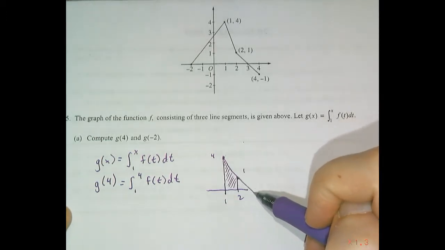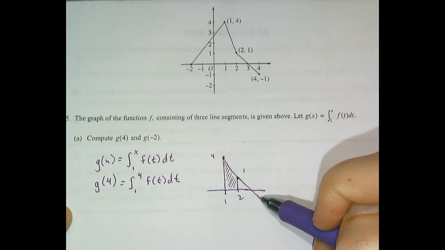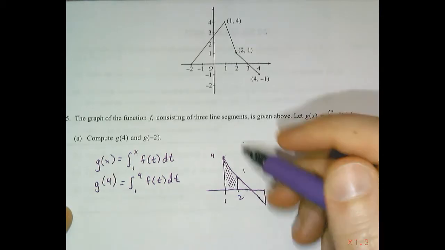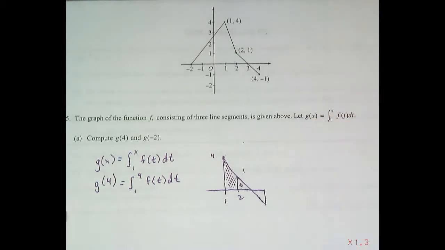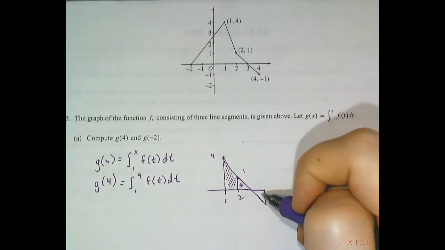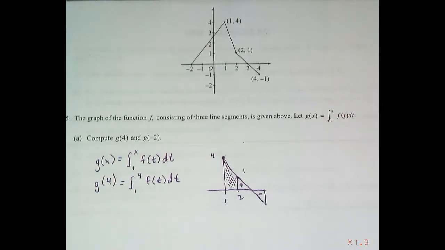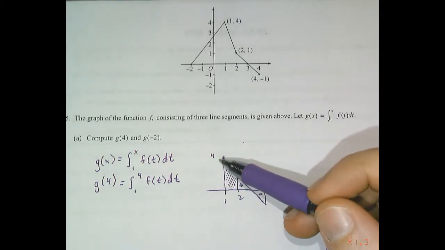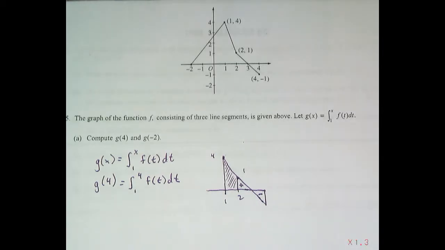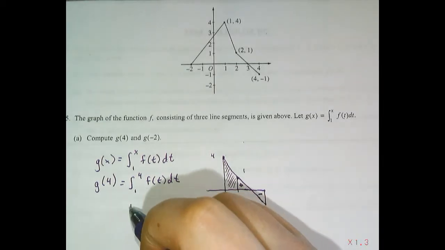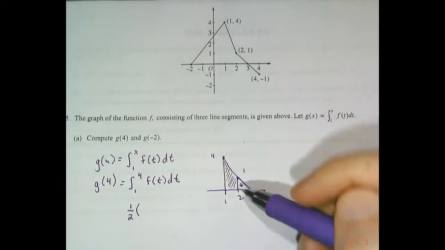Now 2 to 4, we have two triangles, one that is above the axis, so that would be positive accumulation, and one that is below the axis, which would be negative accumulation. Now, since these two triangles are of the same size, they will cancel each other out. And all we need to do is find the area of the trapezoid. So the area of a trapezoid is the average of the heights.